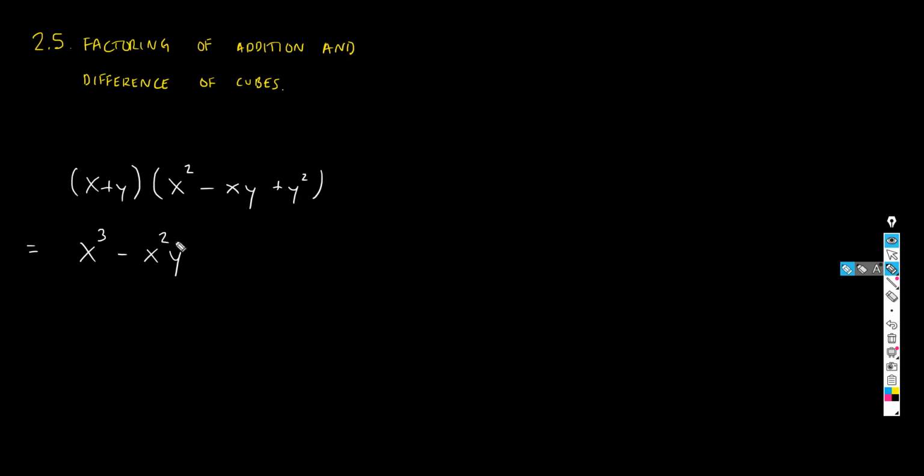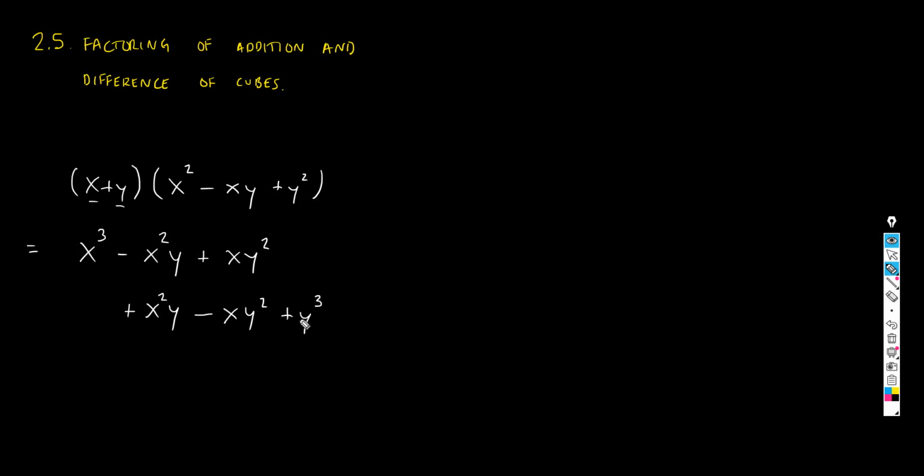X times y squared, so you get x y squared. And we are done with the x. Now let's go with the y. Y times x squared, you get plus x squared y. I'm changing the order. Y times minus xy, you get minus xy squared. And then plus y times plus y squared, that's going to give you plus y to the cube.